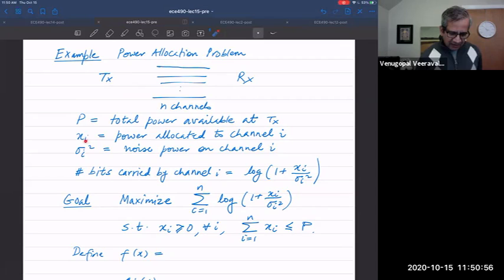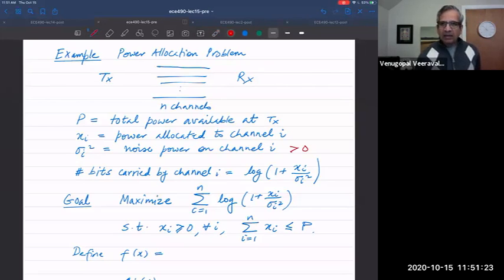Xi, the variable I want to optimize over, is the power allocated to channel I. Sigma I squared is the noise power. Power is always non-negative, because you can have zero power, except in the case of noise power, which we'll assume is strictly positive.